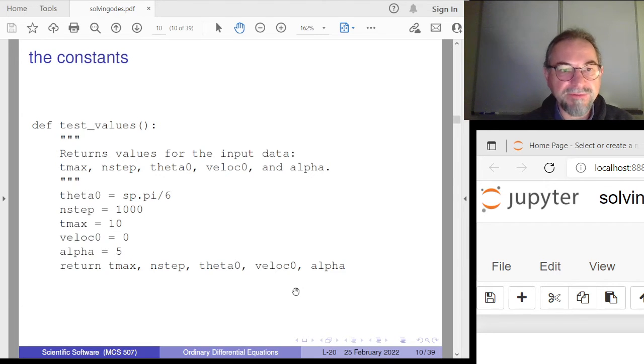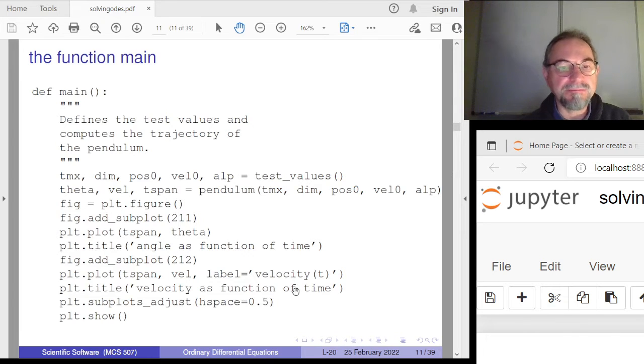Here are the test values, and then with matplotlib we make the plot. So we run the pendulum. We make a figure with two subplots, two rows. First row we have the angle, the evolution of the angle in function of time.